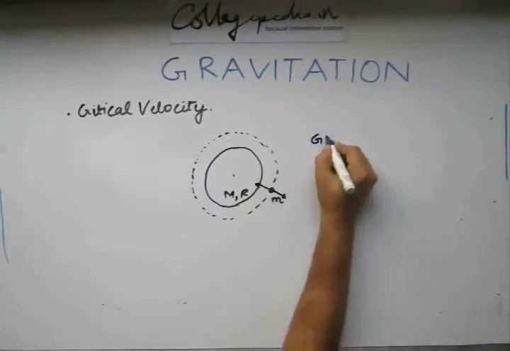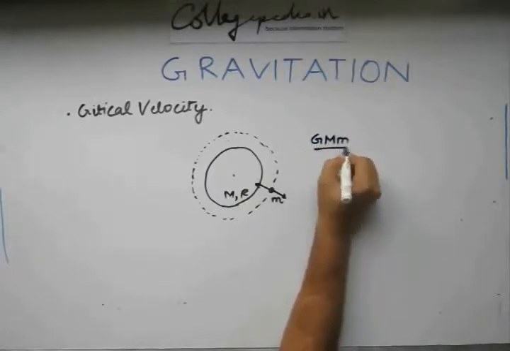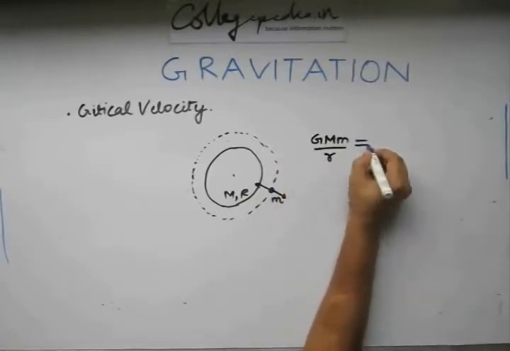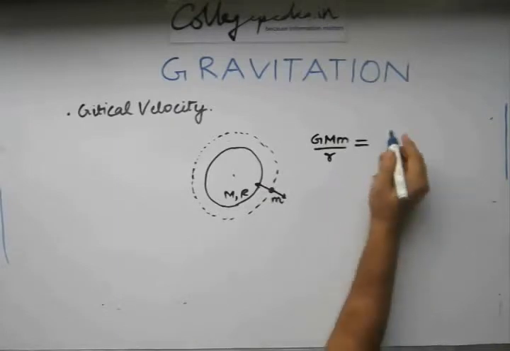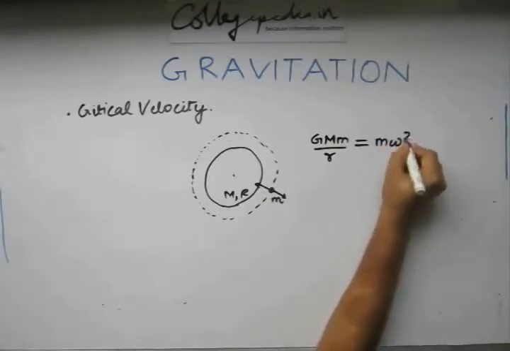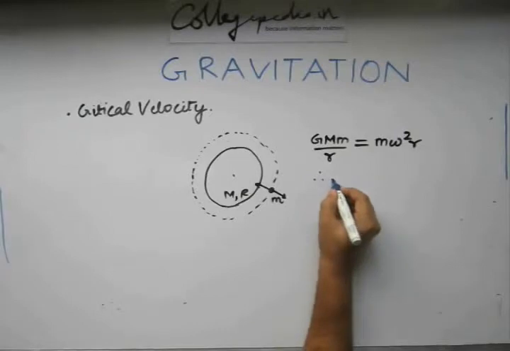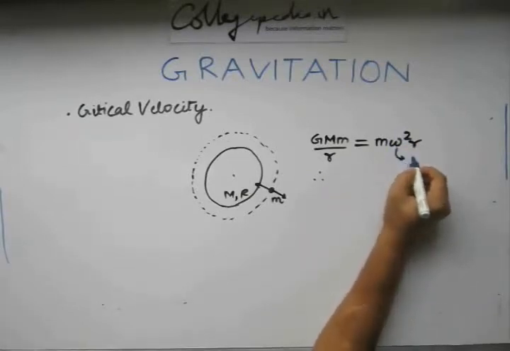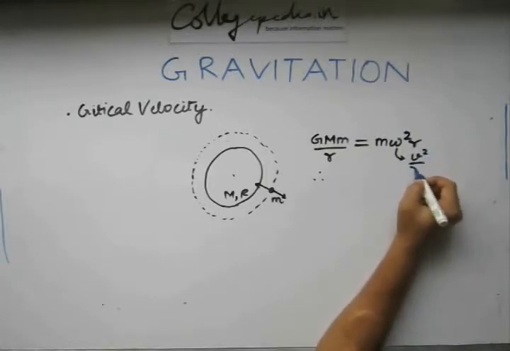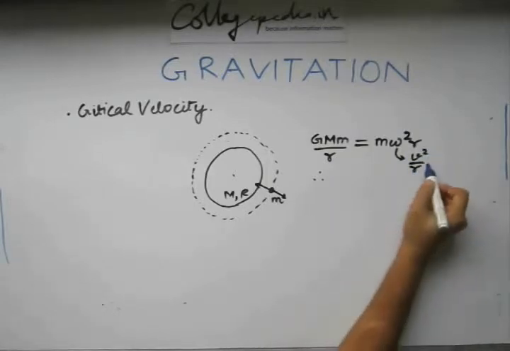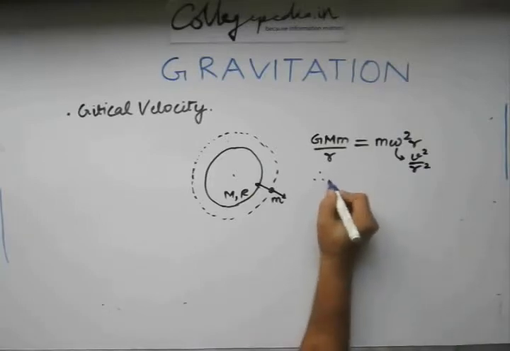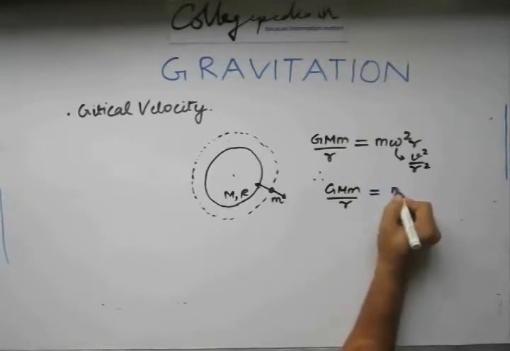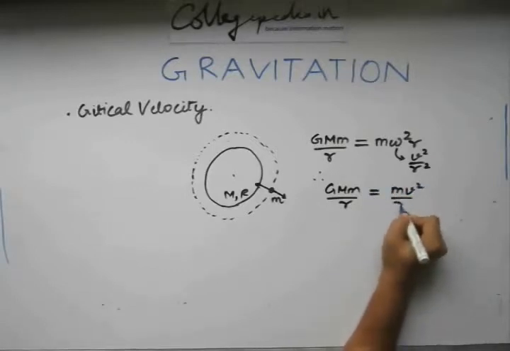So the gravitational force, which is GMm by r square, where r is the radius of the orbit, should match with the centrifugal force, which is m omega square r. Therefore, omega square can be written as v square by r square. So GMm by r square is going to be equal to mv square by r.